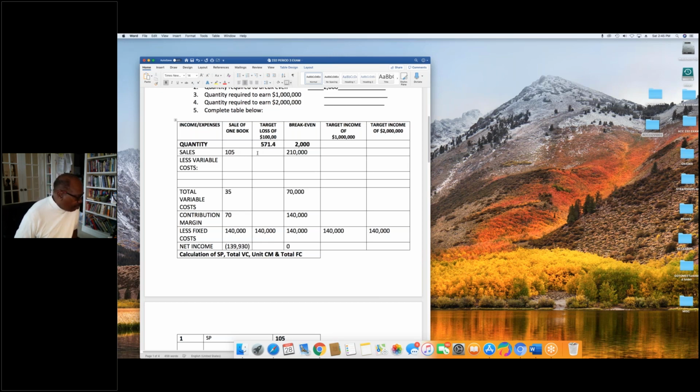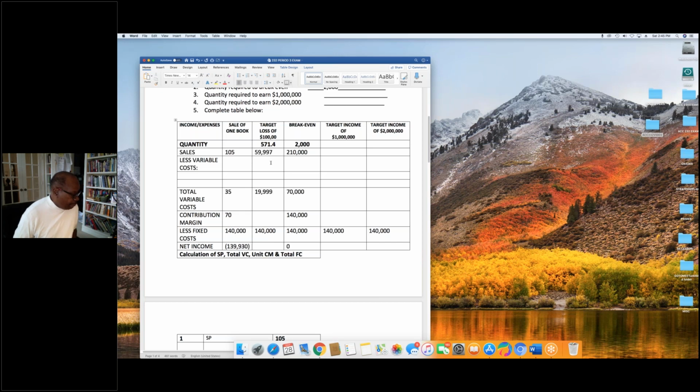Now we're going to multiply 105 times 571.4, and that's going to give us 59,997 as we move now to a net loss of 100,000. Our variable cost, we multiply 35 times the 571.4, and that gives us a total variable cost of 19,999.